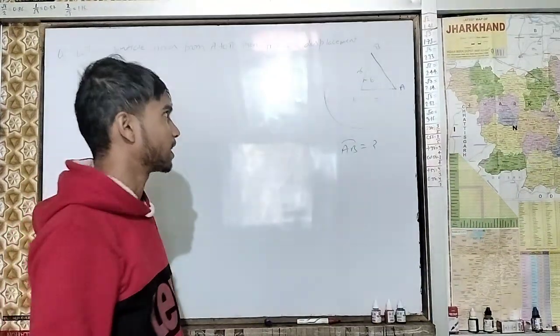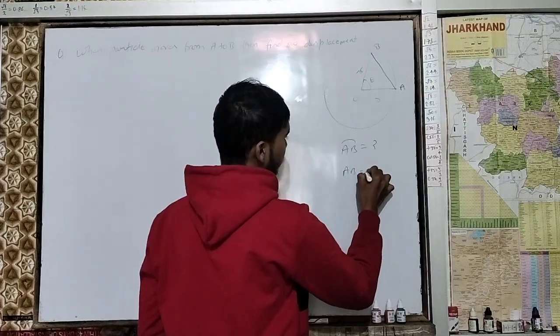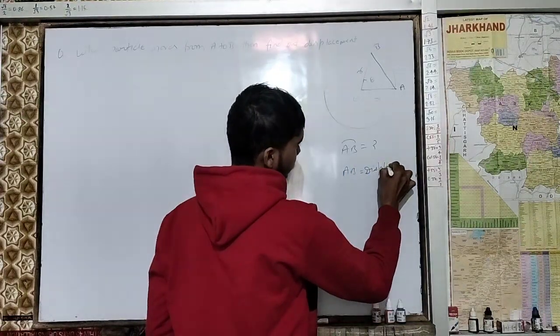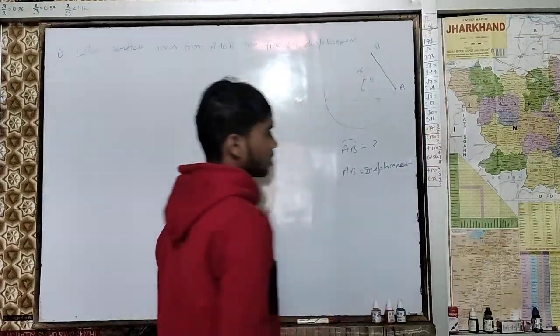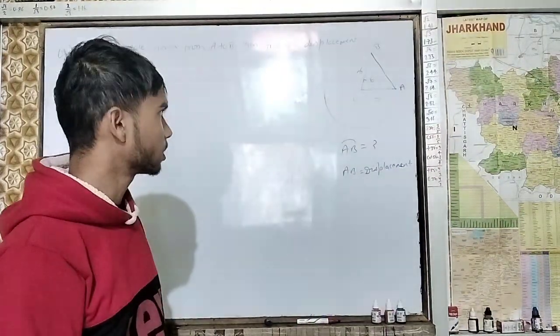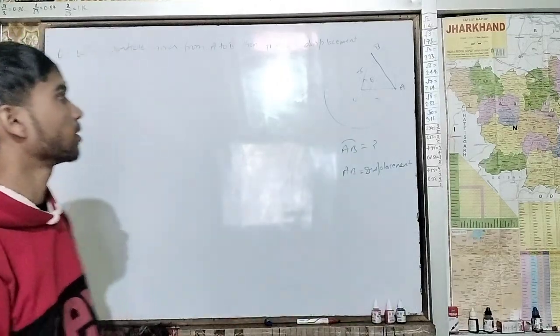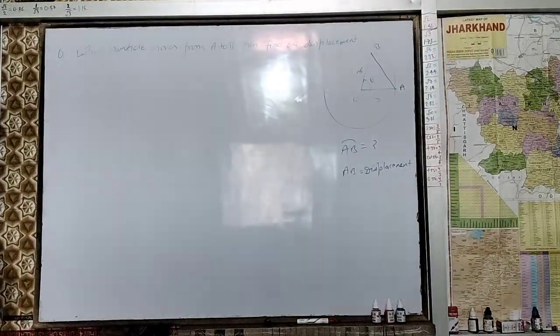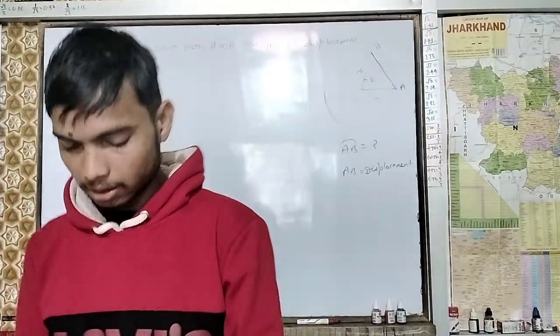This is the actual path. AB is our displacement. Did you get the twist? Here AB, this straight line, is the displacement, and AB arc will be our path. AB is also considered a chord. Am I correct? Chord.